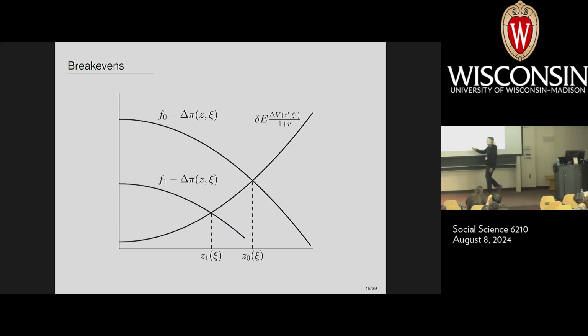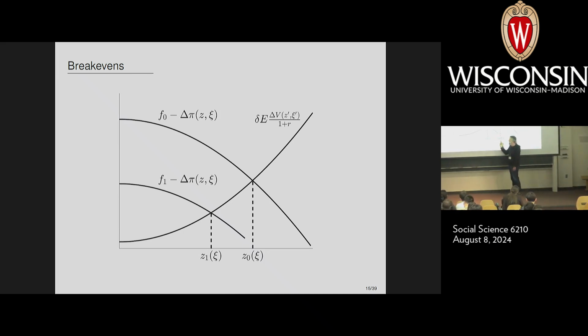So think about what this says. Remember, this is the threshold. If I've never exported and I want to enter the export market, I need a Z higher than this. But if I'm already exporting, if I'm just paying the smaller fixed cost, I just need a Z higher than this.